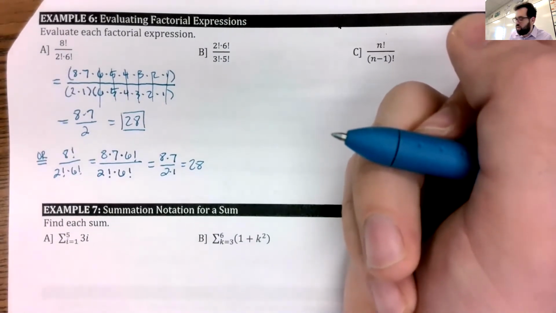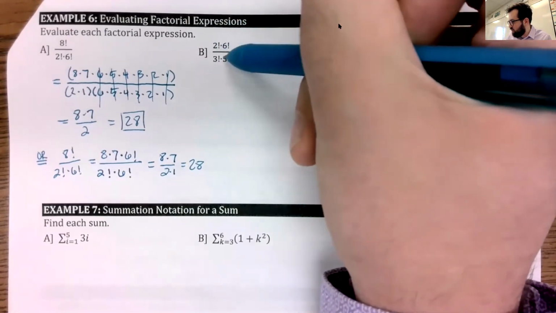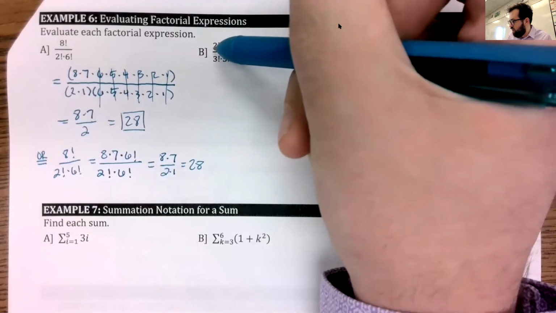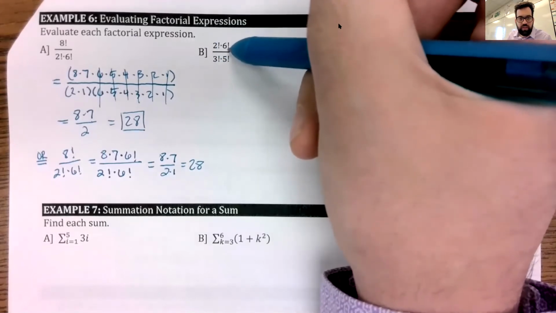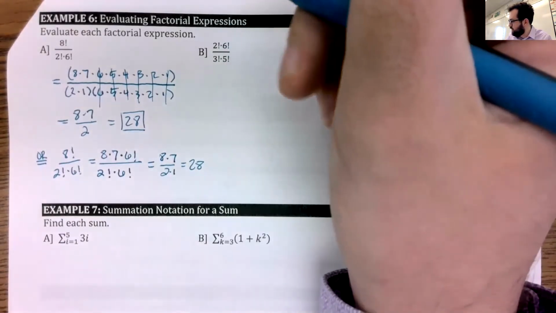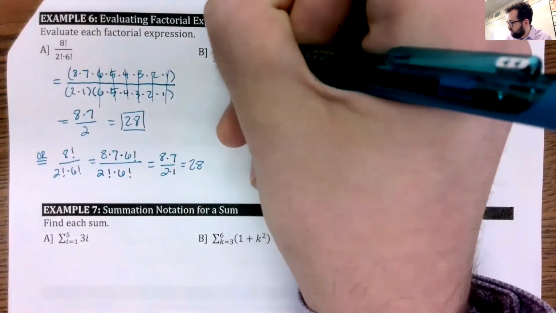So letter B, let's see, do we have any hidden factorials that can cancel? If I compare the 6 and the 5, since those are the two larger numbers, I should be able to get a 5 factorial hidden inside of a 6 factorial. And actually, same thing is true for the 2 and the 3.